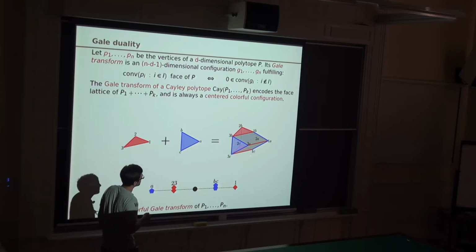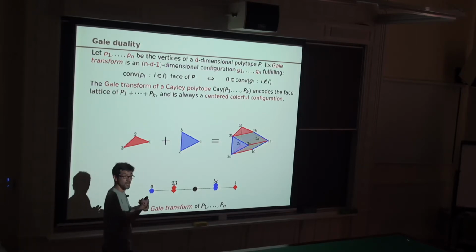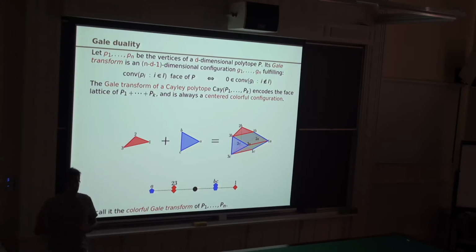So let's see, AC31, the sum of A3 with 3,1, is actually a face of the Minkowski sum. Right? So for example, playing with this that is now one-dimensional, we could prove that this upper bound for three-dimensional triangles works. This is what we call the colorful Gale transform.